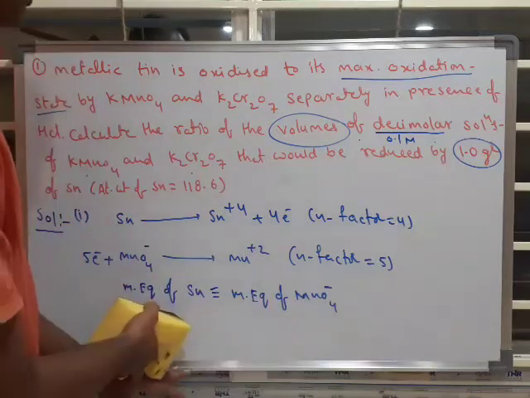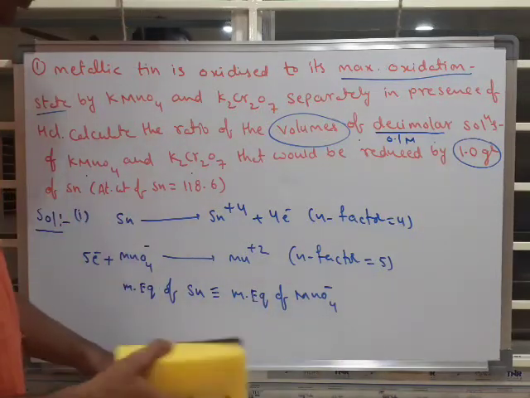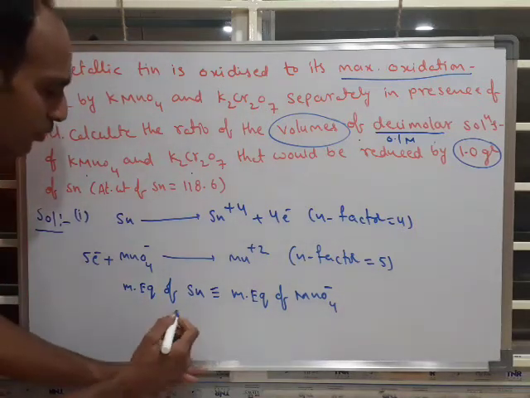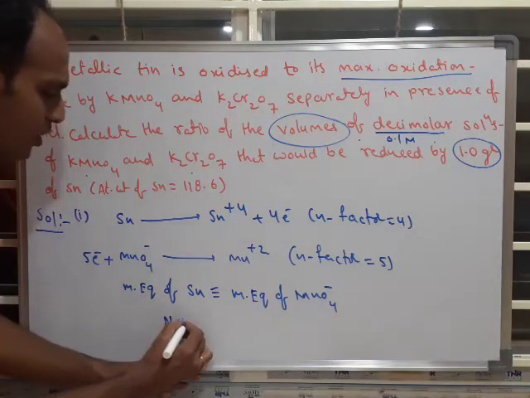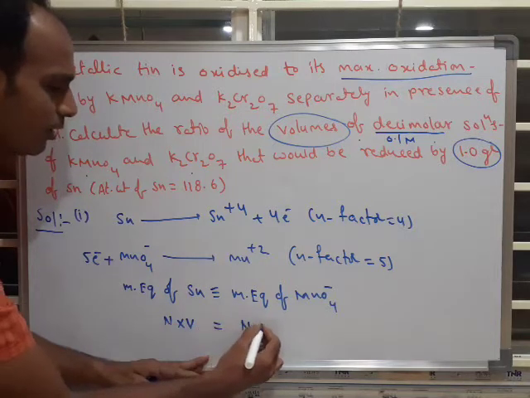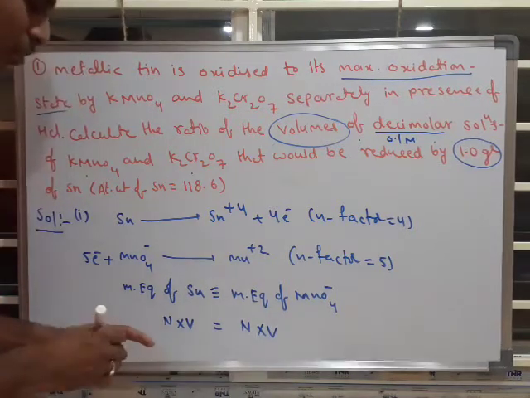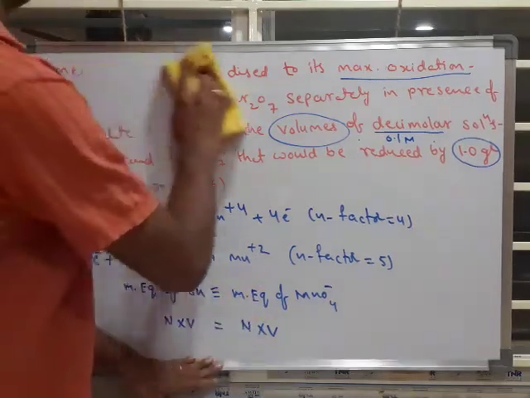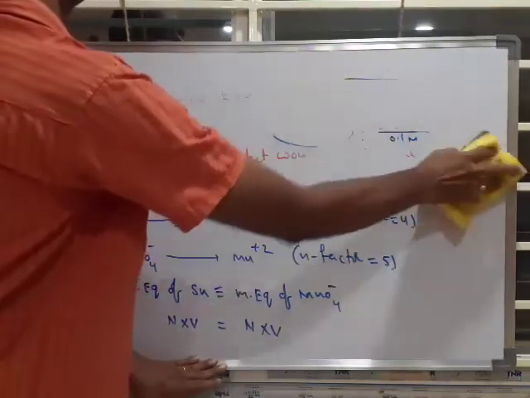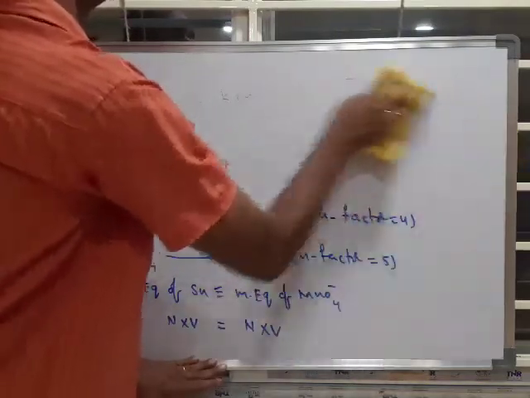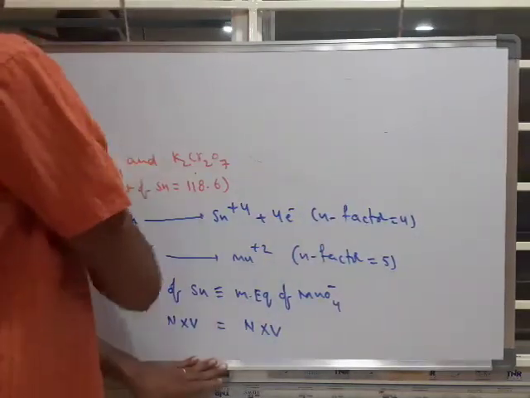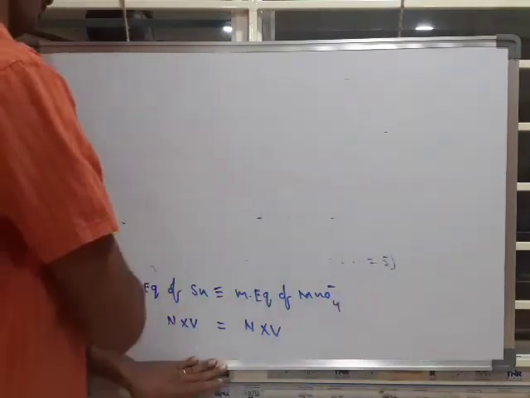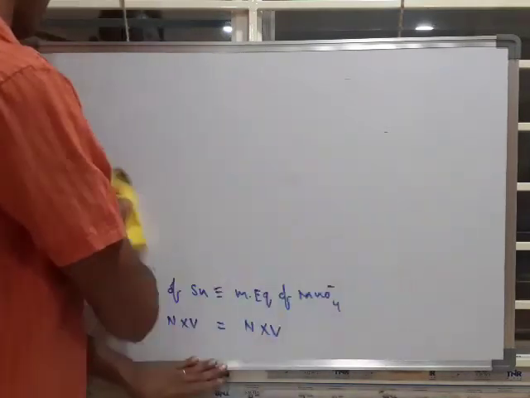Milli equivalents means normality into volume. Now we can take N1 V1 equal to N2 V2. Just remember the n factor values.